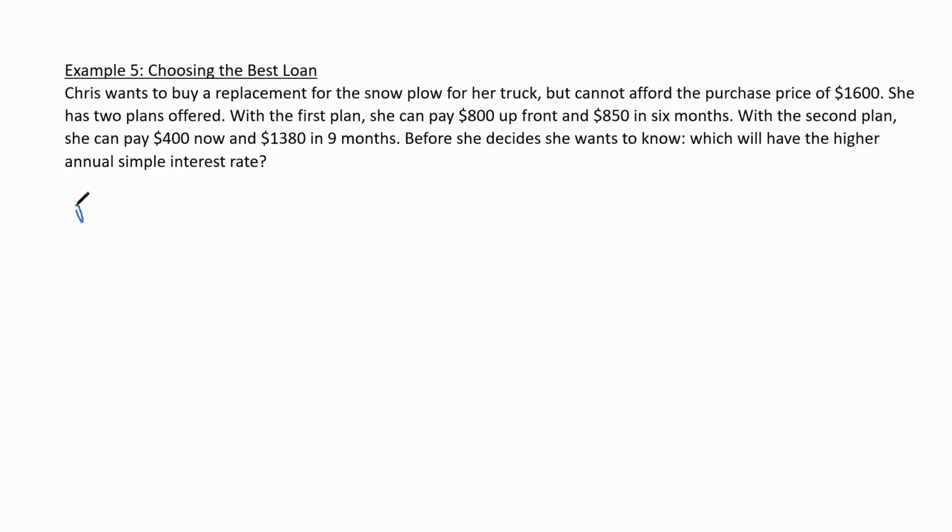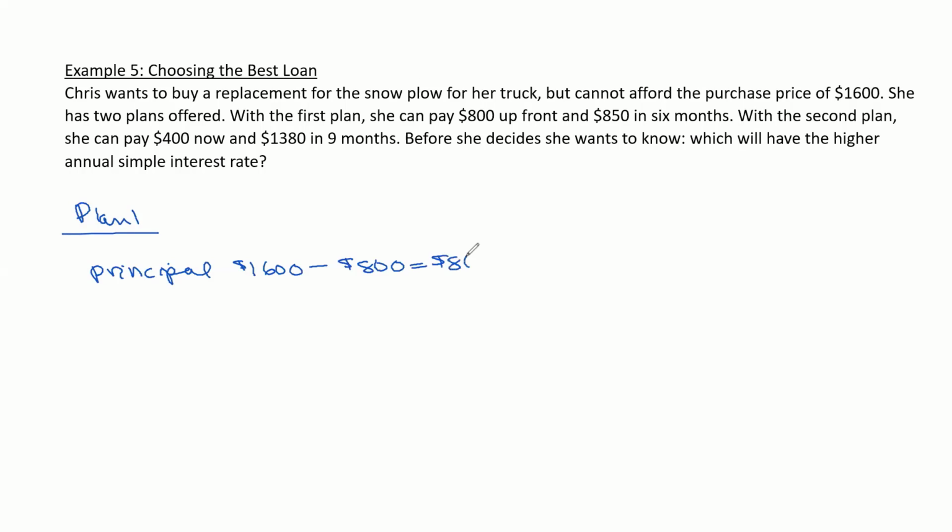So in plan 1, she's going to pay $800 up front and borrow $800 more. So her principal is $800. It's $1,600 minus the $800 she's paying up front.